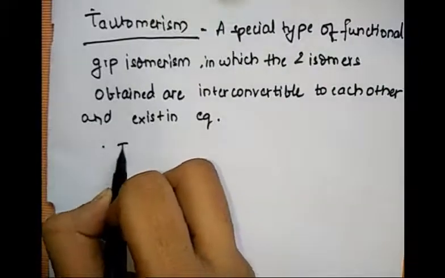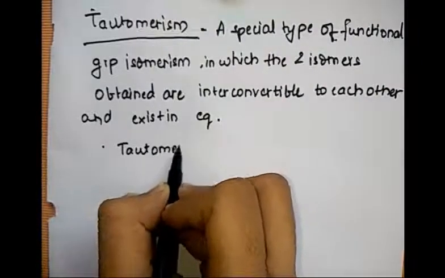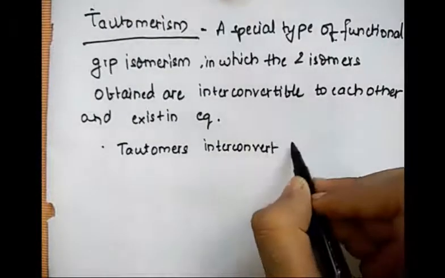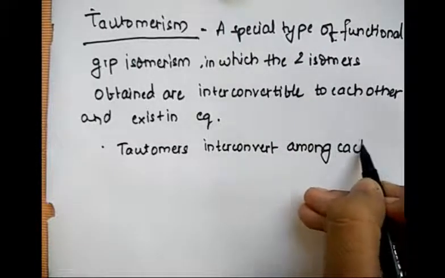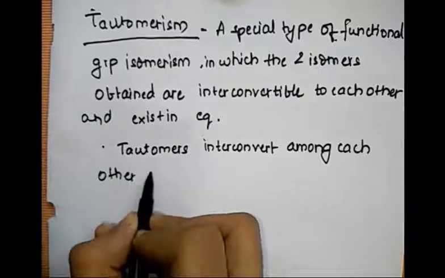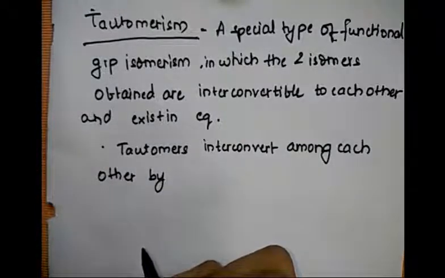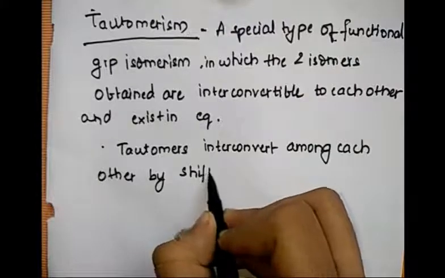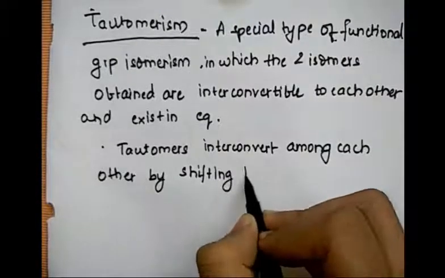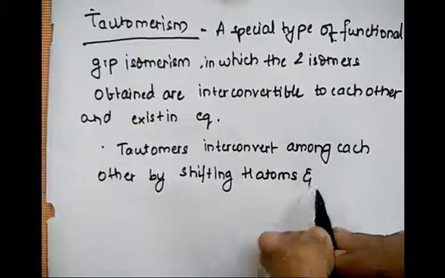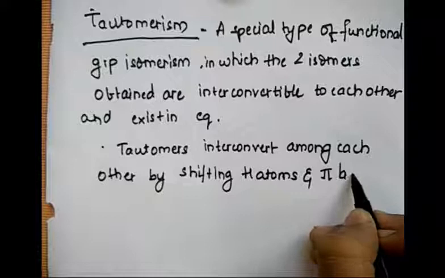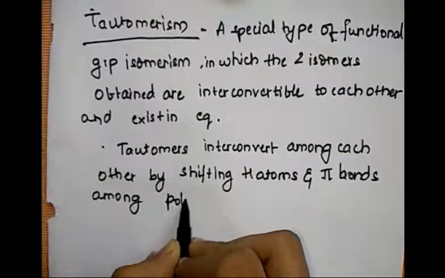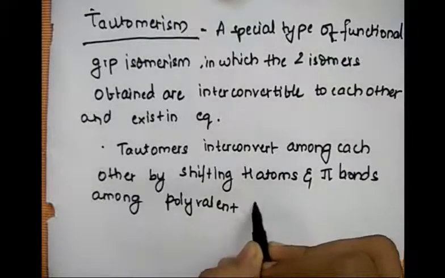The tautomers interconvert among each other by shifting of hydrogen atoms and pi bonds among polyvalent atoms.